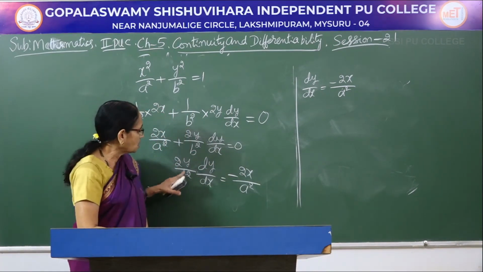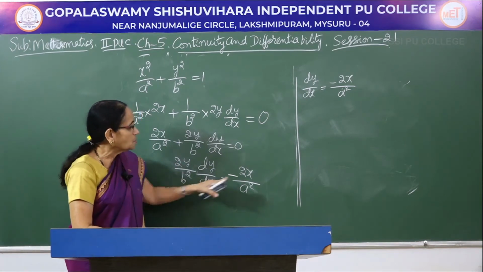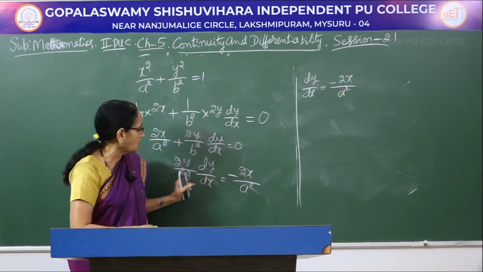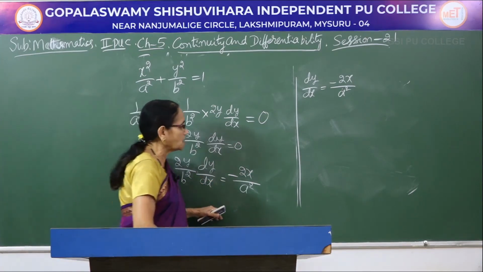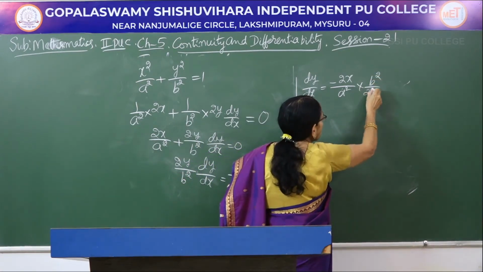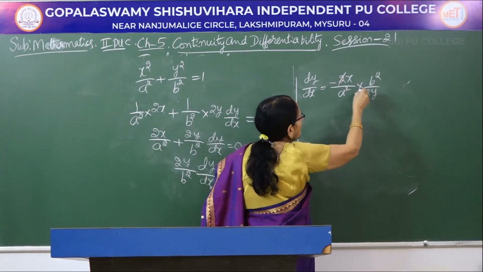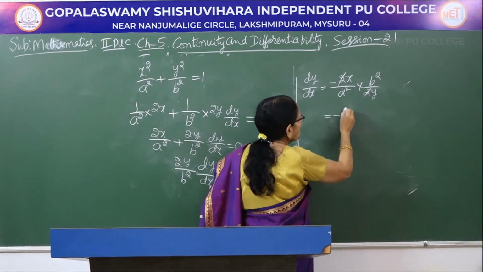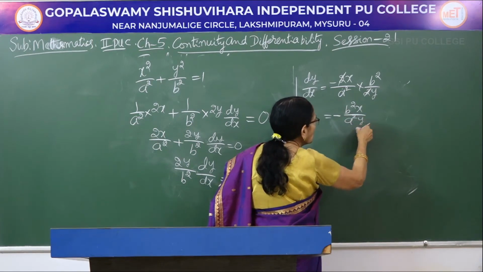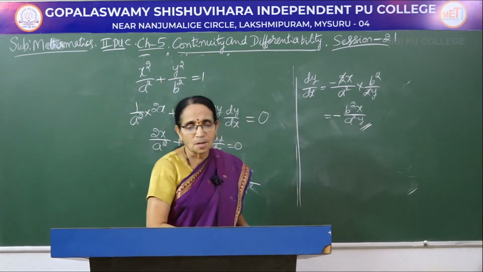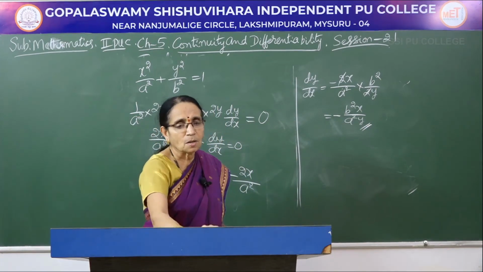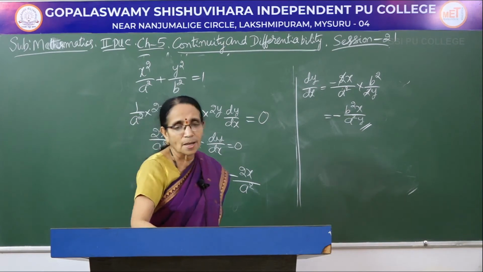See here it is 2y by b square, sort of cross multiplication, b square goes to the numerator, 2y comes to the denominator. So I can write it as b square divided by 2y. Now 2 and 2 can be cancelled. Finally, I can write it as minus b square x over a square y. So, this is the derivative of the given function, which was the equation of an ellipse.